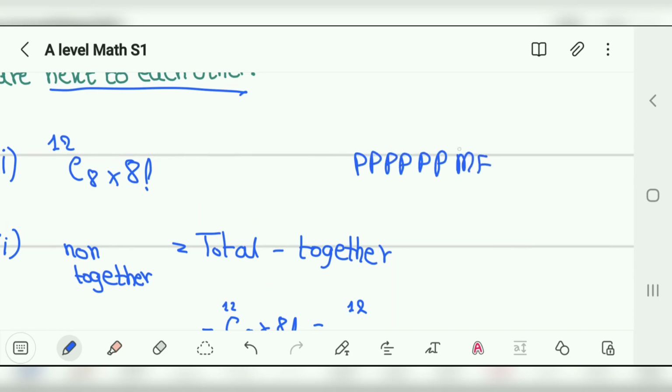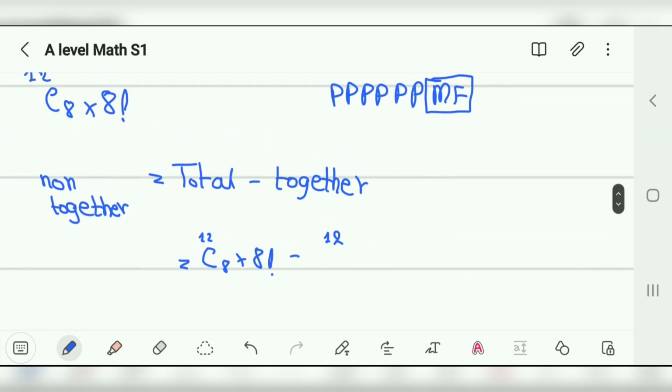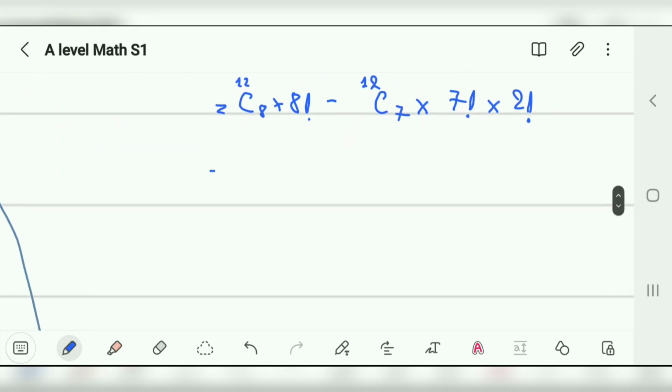Mary and Francis are together, best friends, couples. Okay, and now we are going to take seats. So 12C7 multiply by 7 factorial multiply by 2 factorial. Okay, so this is how it's going to be, and after using the calculator, the answer is this. And yes, this is the answer, correct.